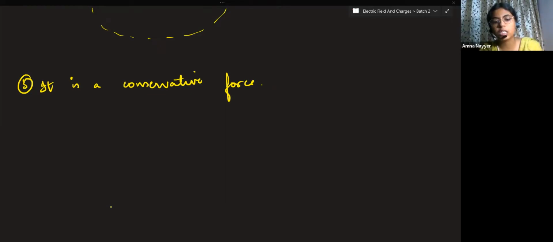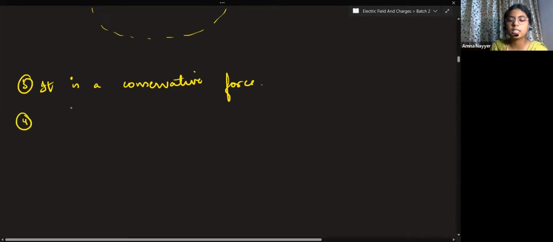You must have done it in 11th standard, in work, energy, and power. In the case of conservative forces, the work done is independent of the path traveled. It just depends on the initial and the final position. That is what is meant by a conservative force. So Coulomb's law is also one of those forces.